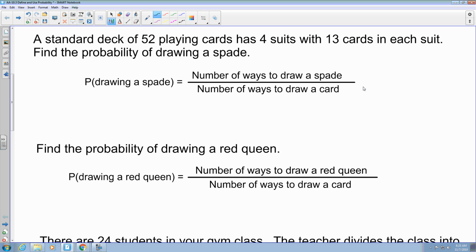So there are 13 favorable events, divided by the total number of cards, which is 52. Reduce that, and it turns to 1/4, or as a percentage, 25%.